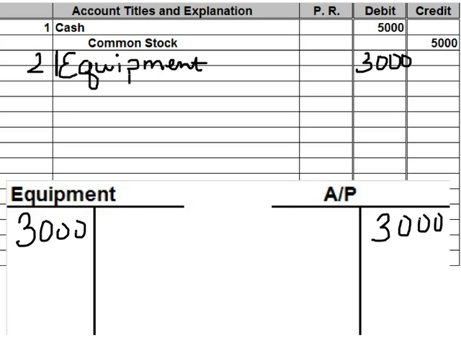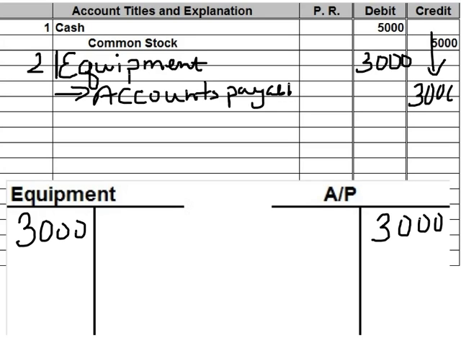Notice again, here on the line, our debit, we're going to indent for our credit to accounts payable. And our accounts payable is a credit for $3,000.